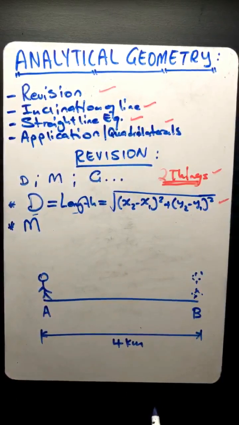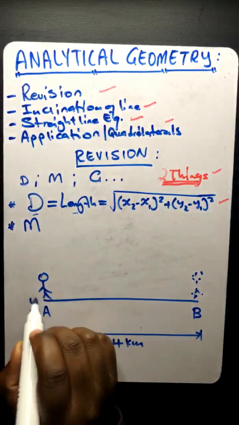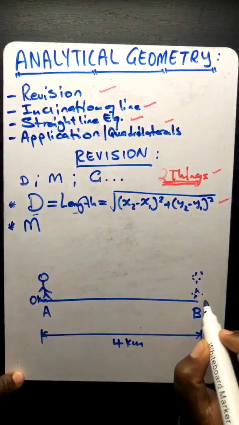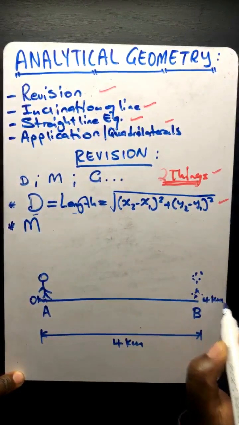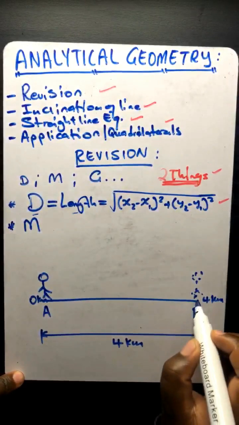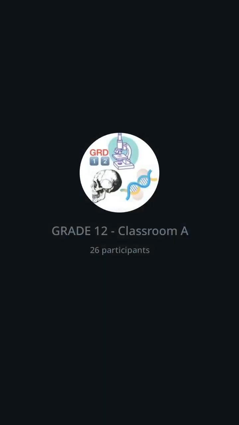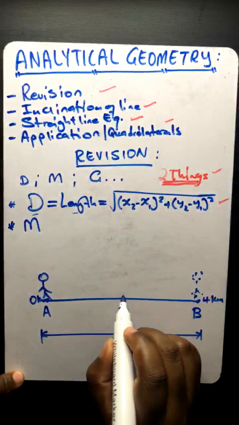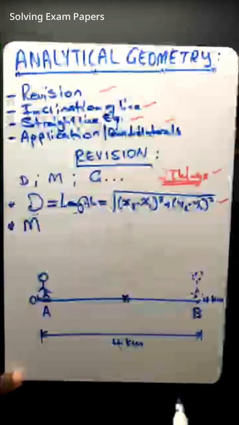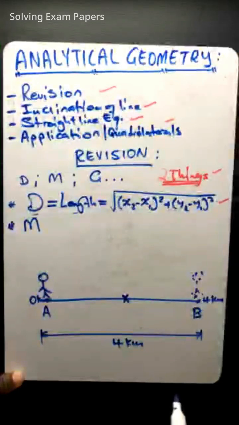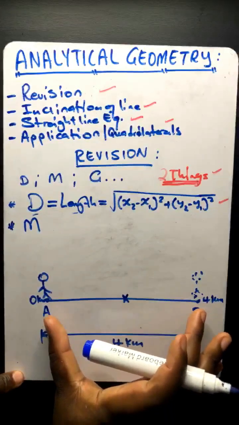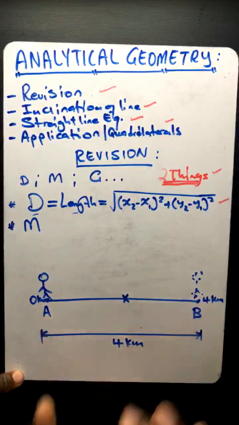This is 0 kilometers because it's the starting point, and this is 4 kilometers because it is the end point. Now, to calculate that middle point, you already know that the middle point of 4 kilometers is 2 kilometers.